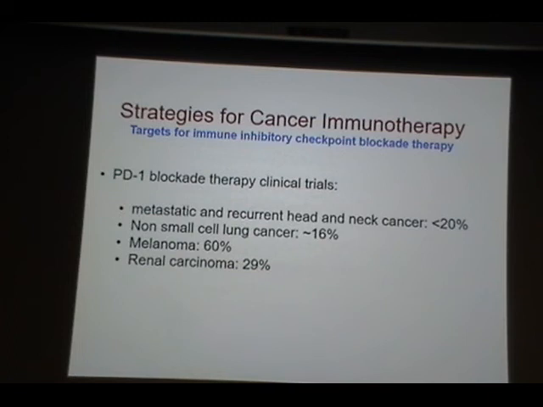Melanoma is very good, with about a 60% response rate. And renal cell carcinoma is about 29%. So there is a lot of room to improve PD-1 blockade therapy, by using different drugs, monoclonal antibodies, or by analyzing more of the mechanisms of what's going on there.